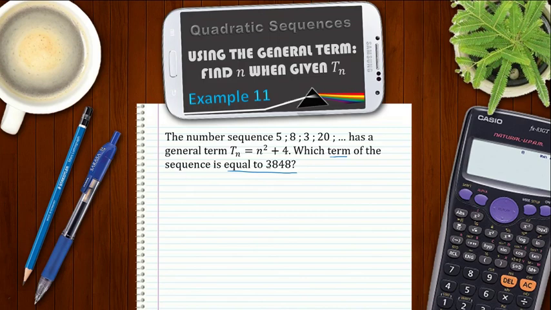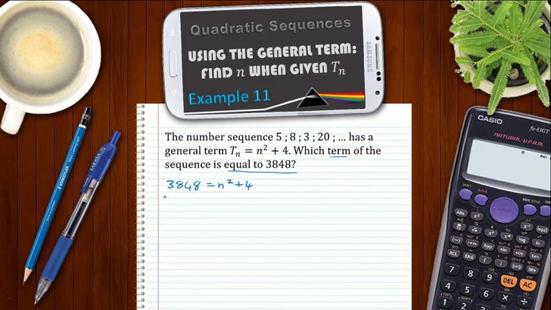Now, if we substitute in for Tn, we've got 3848 equal to n squared plus 4. And then we just solve. If you have a variable with a squared, it's a quadratic equation. And with quadratic equations, to put them in standard form, we normally take everything to one side.